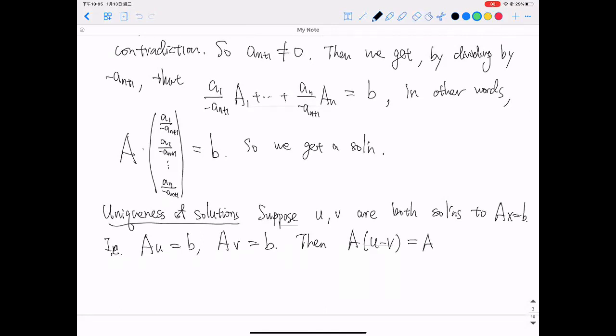This is, by the property of matrix multiplication, Au minus Av. Now Au is B, Av is also B, so that is 0.